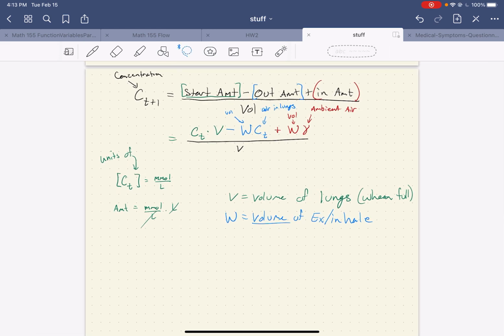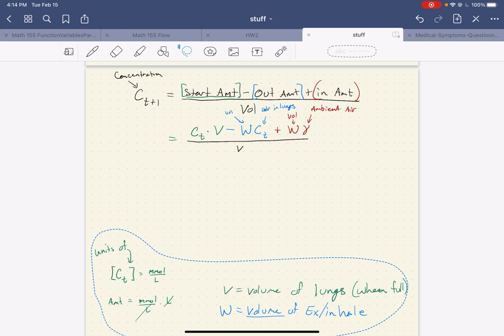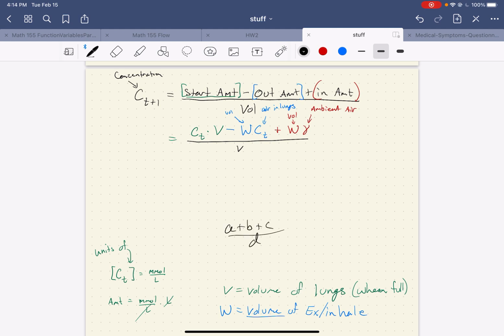So let me give myself a little bit of room. All right. And quick algebra comment. If you have a sum of numbers up top divided by some common number, you can just think of this as a over d plus b over d plus c over d. And I like to say that there's no such thing as division.